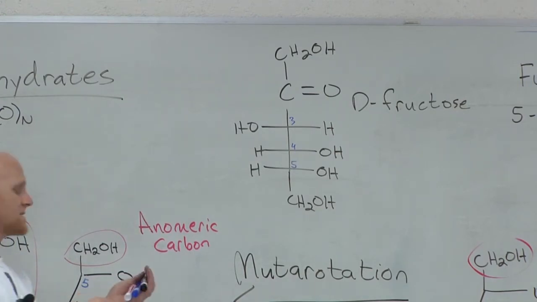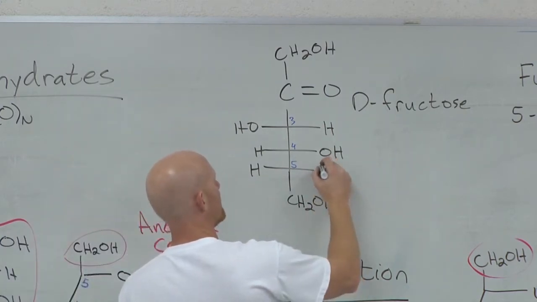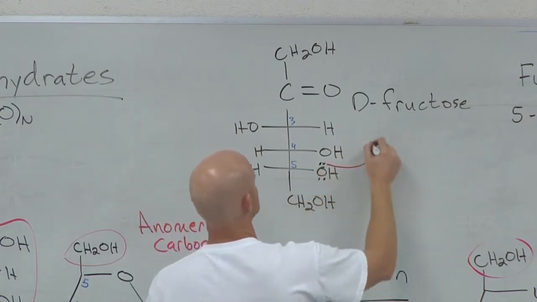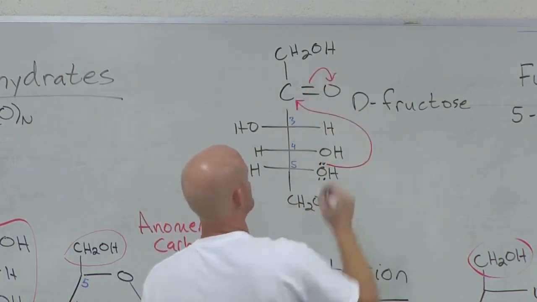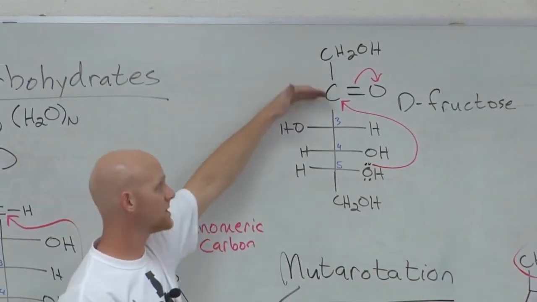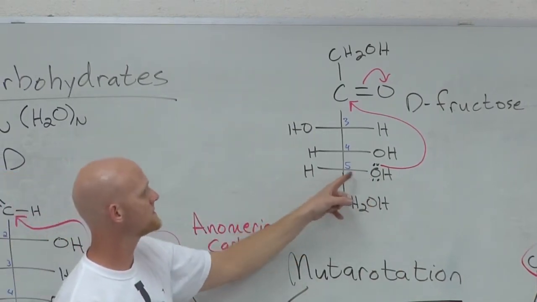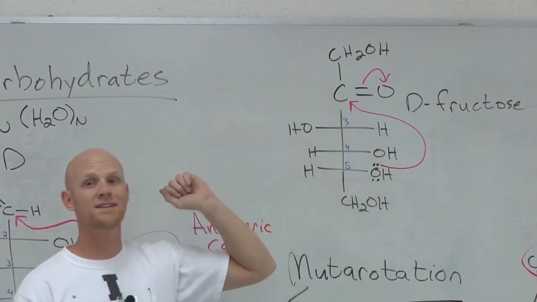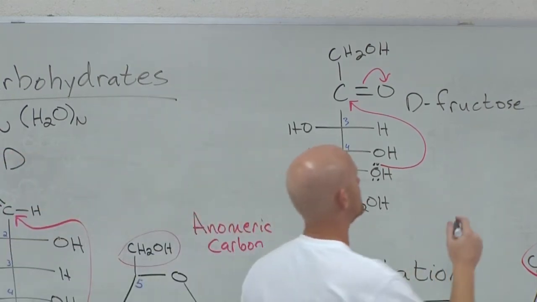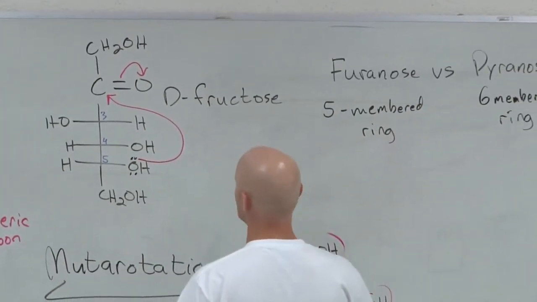And so now in this case, if we cyclize this guy, again, it's going to be the alcohol on carbon 5 coming around. But in this case, instead of forming a 6-membered ring, notice he's just a little bit closer than the end of the chain was on glucose. And so I'm going to form a 1, 2, 3, 4, 5-membered ring instead during the process.